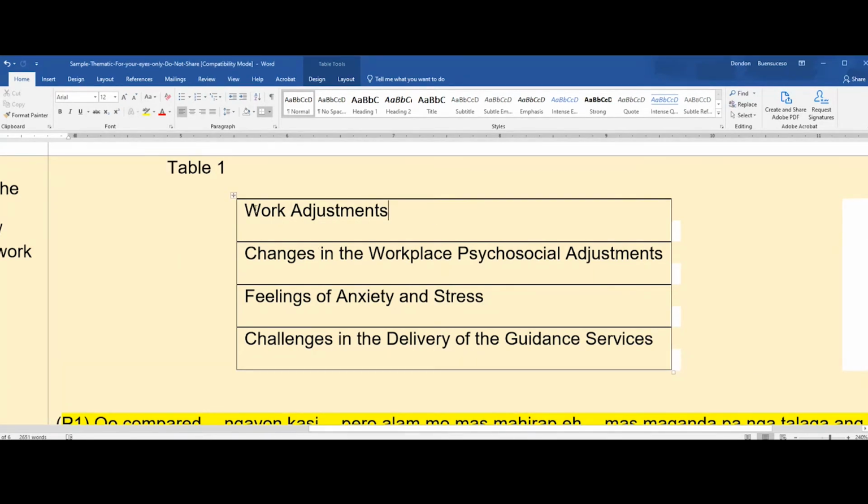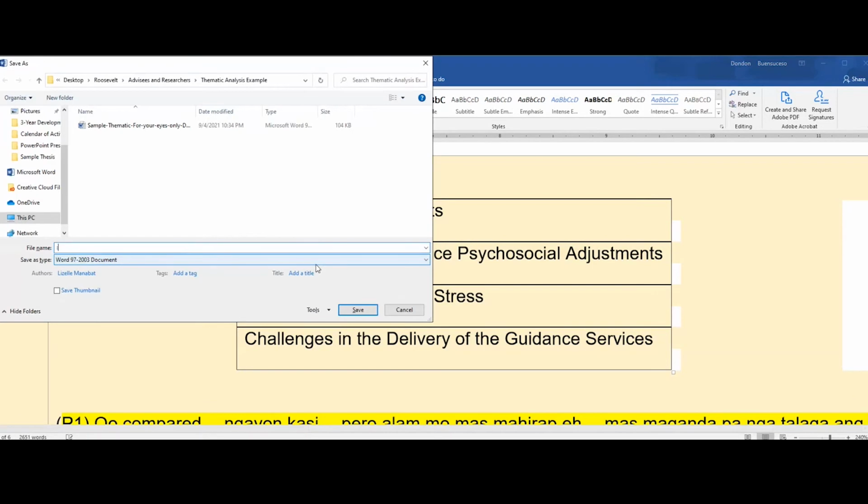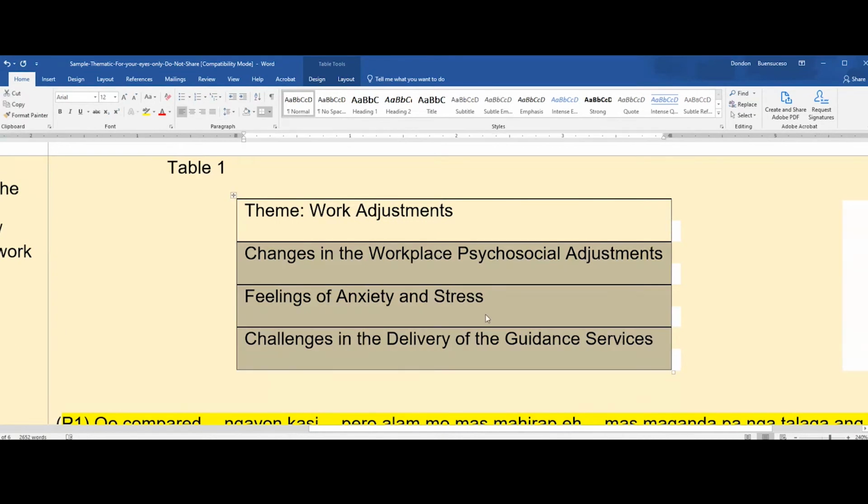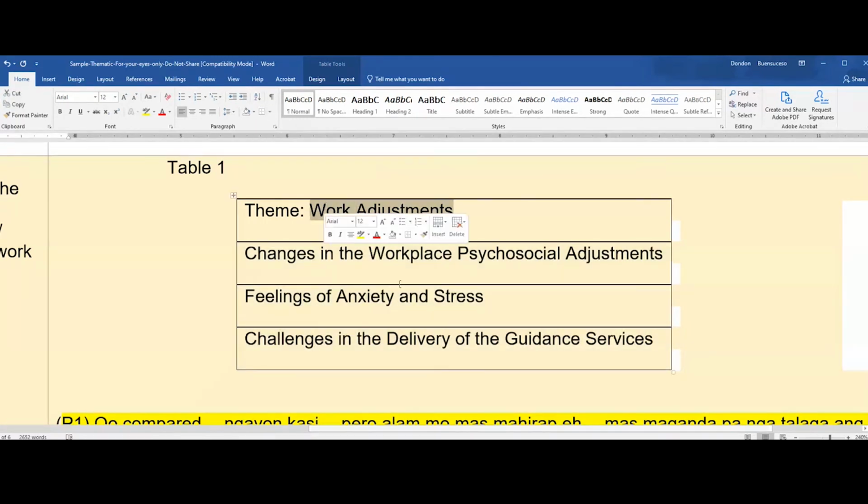Work adjustments. So this is actually the theme, and these are the sub themes. Make sure that the sub themes are really related to the theme. You will explain that. You will define how they are related.